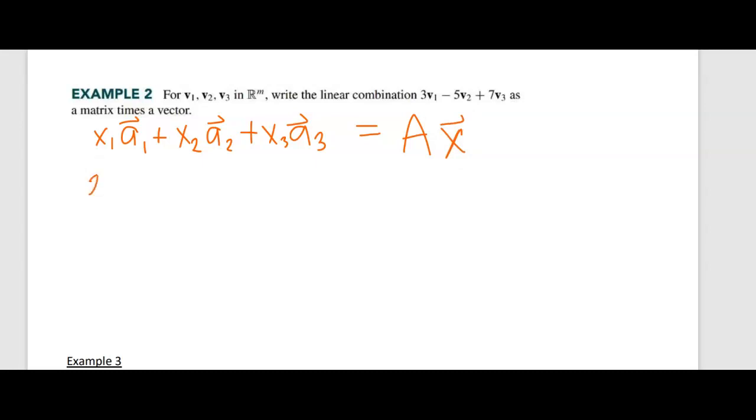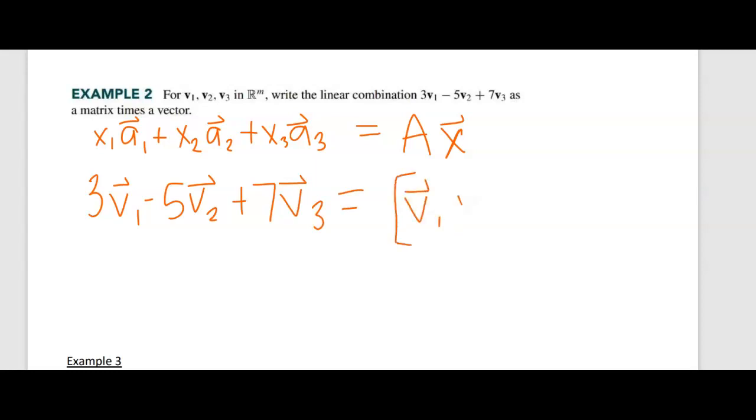So here I have 3v1 minus 5v2 plus 7v3. And so my A must be the collection of those vectors in a 3 by m, or m, I should say an m by 3, that's a better way because they're in Rm, an m by 3 matrix.